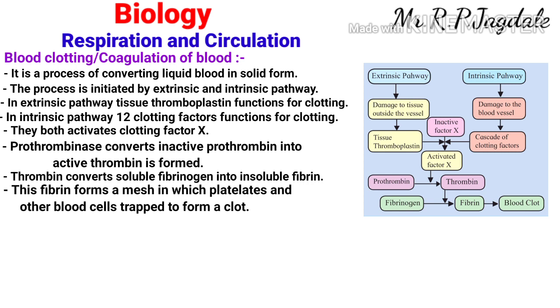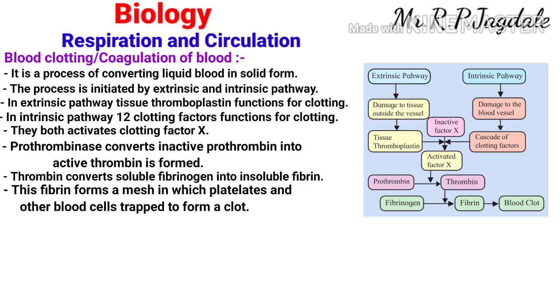So this is about blood clotting, or coagulation of blood. It is a very simple mechanism. In both ways, extrinsic or intrinsic pathway, they come to the same manner. Injury outside the blood vessels is called the extrinsic pathway, and damage to the blood vessel is called the intrinsic pathway.